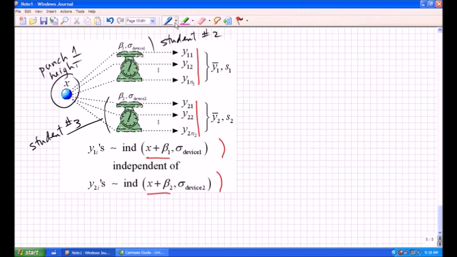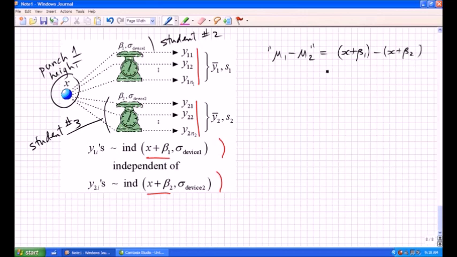So the difference in the two means is the difference between the measurand plus the first bias and the measurand plus the second bias.